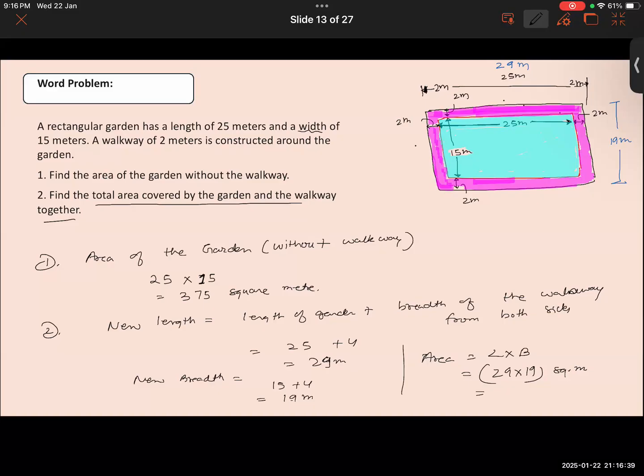451, that is not correct. Solve it again. I multiplied 29 by 19. Yeah, but you should be getting a bigger number.